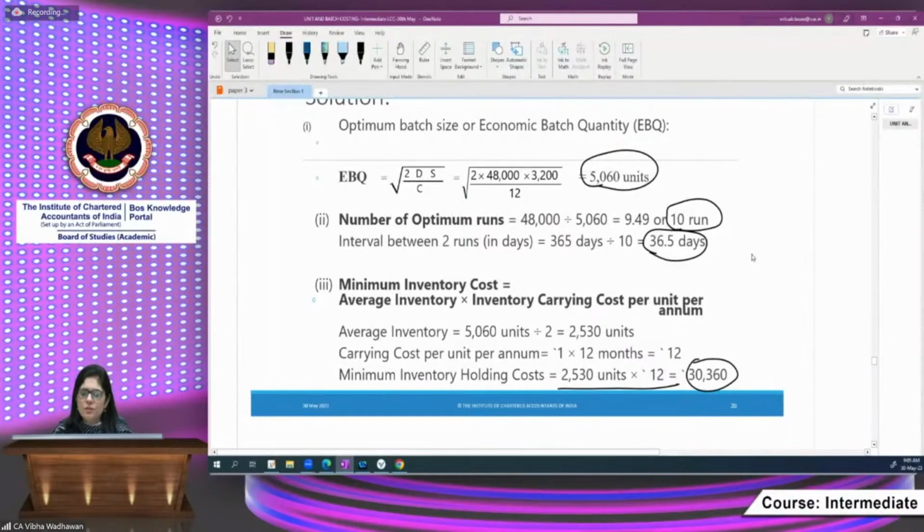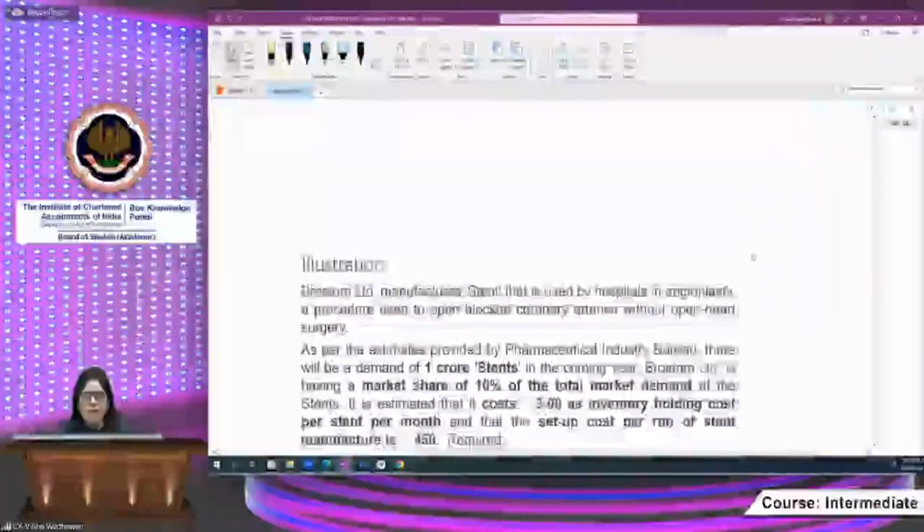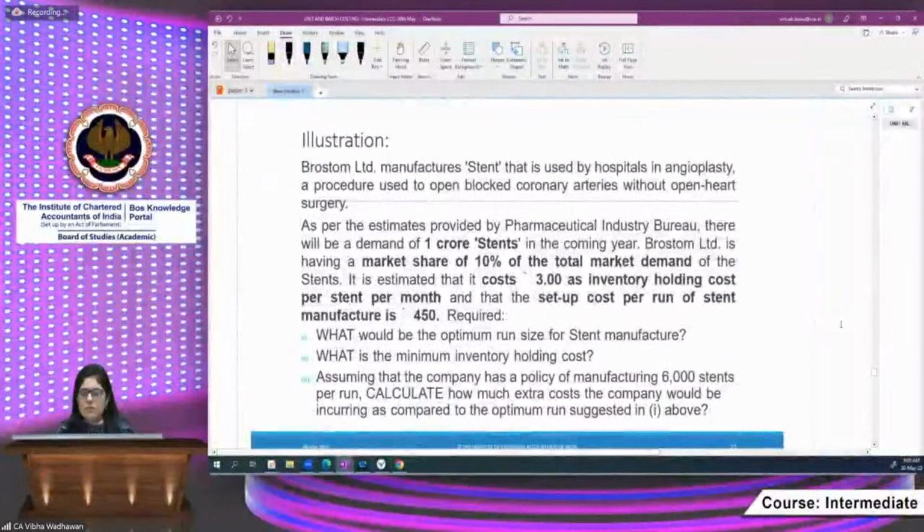Shall we move on? All right. Okay, so just take a note of this question. It's also based on EBQ. This company manufactures stents. A stent is used when your heart is blocked, the arteries are blocked, so they insert a stent to open the arteries of the heart.